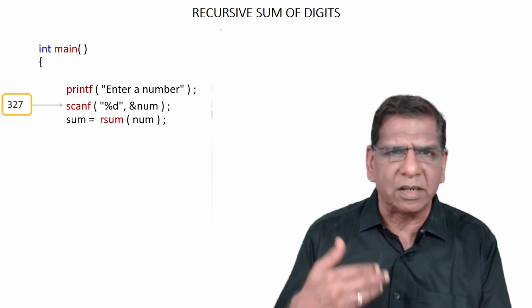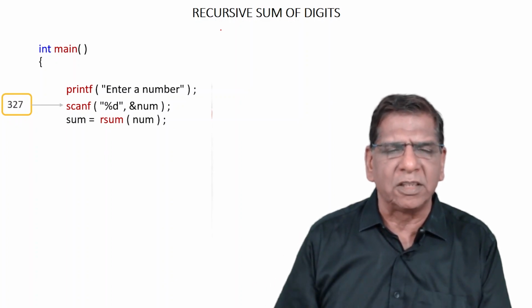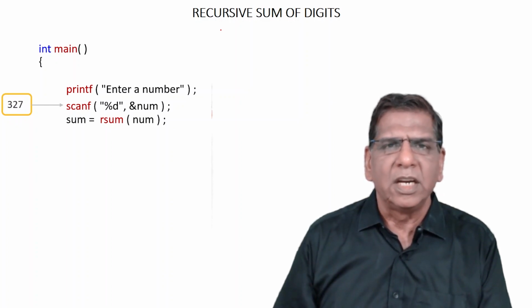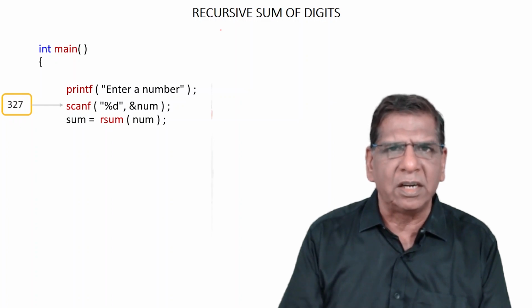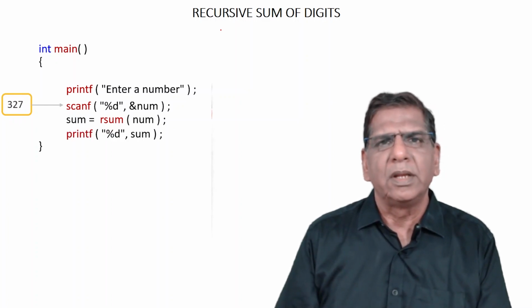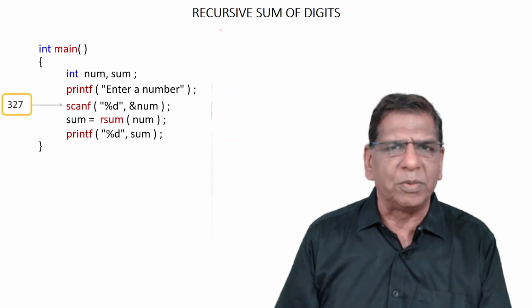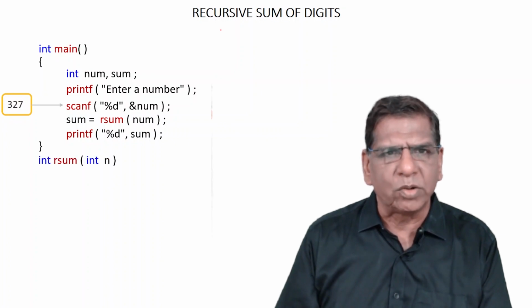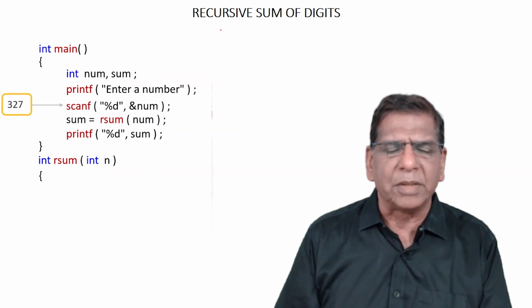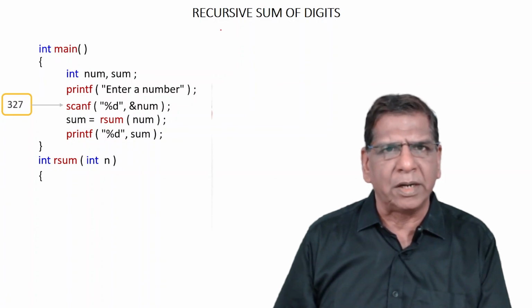R because we are planning to make use of recursion within this rsum function, recursive sum of digits. It should calculate the sum, return it, we'll collect it in some variable sum and then print it out. Needless to say, num and sum have to be defined at the beginning. Let's now try to define this rsum function. Num that we have passed we'll collect in int n.